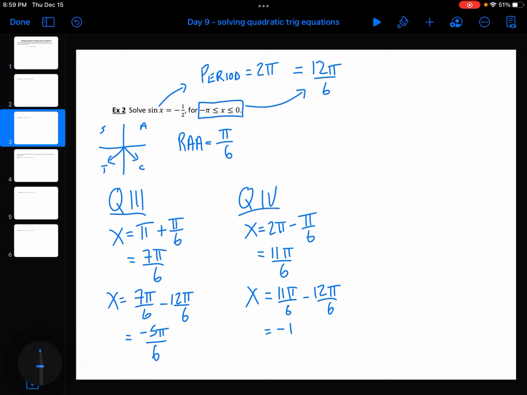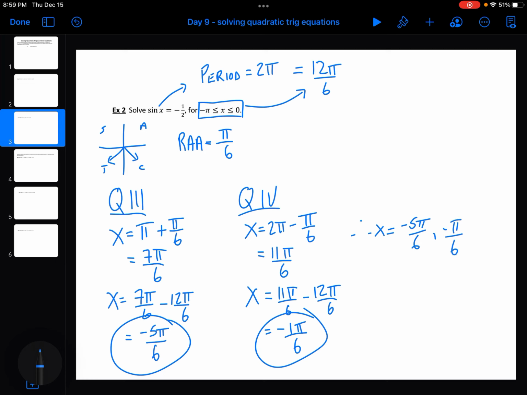We're going to get negative 1 pi by 6. And again, that's in our domain. So our two answers are there and there. Therefore, x equals negative 5 pi by 6 or negative pi by 6. Okay, you just got to make sure that you're working within your domain.